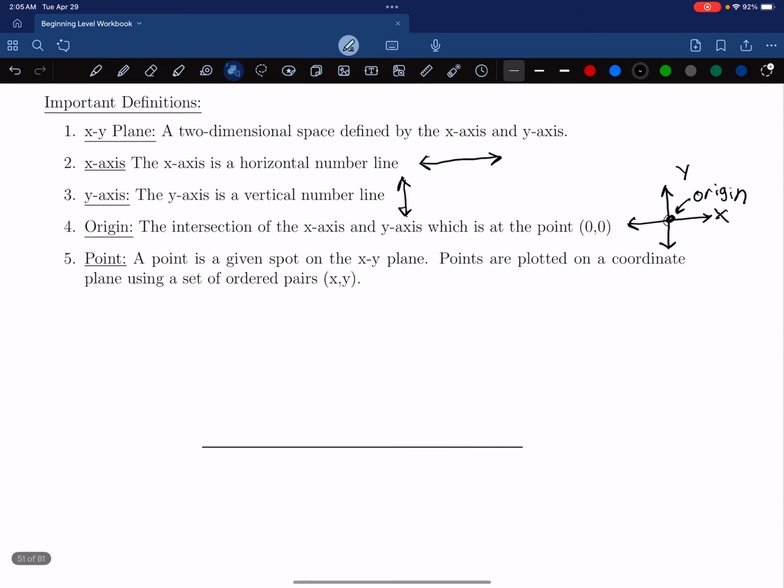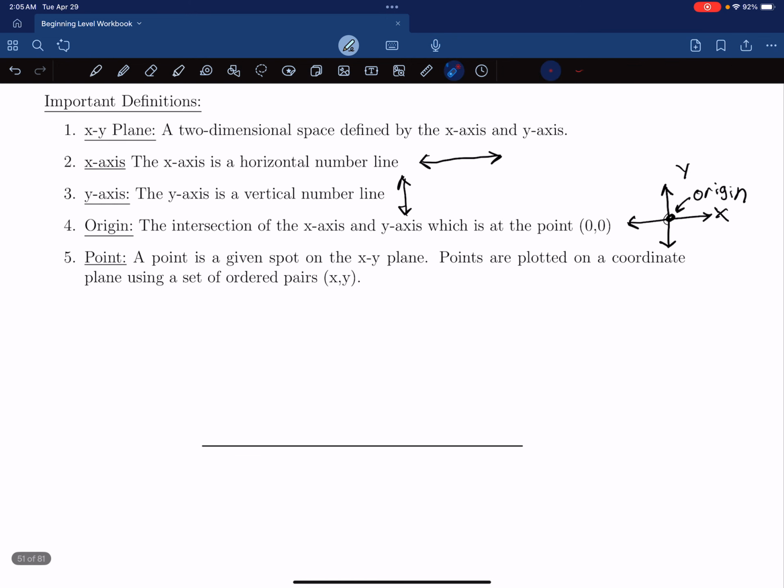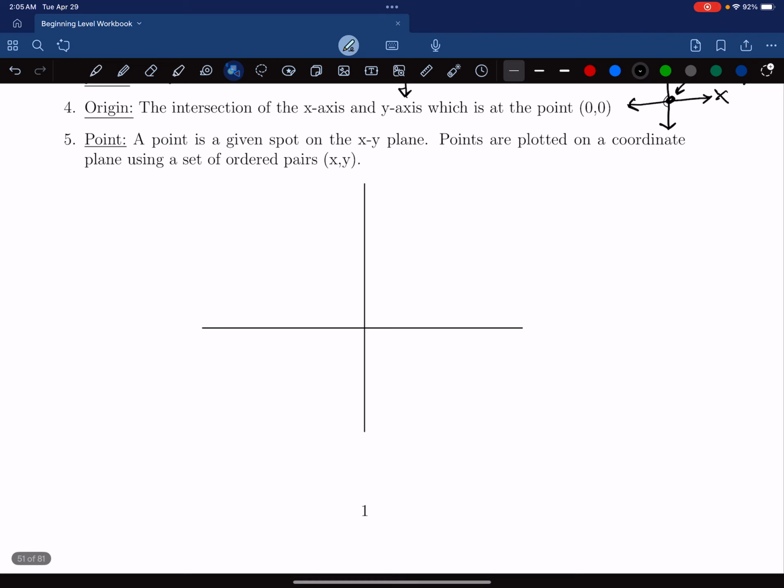And then I'm going to draw this y-axis, which is the vertical number line. Just a little. There you go, that's a little bit better.